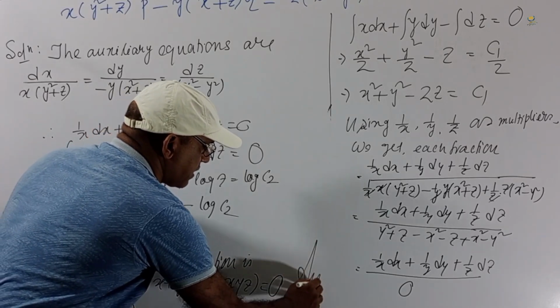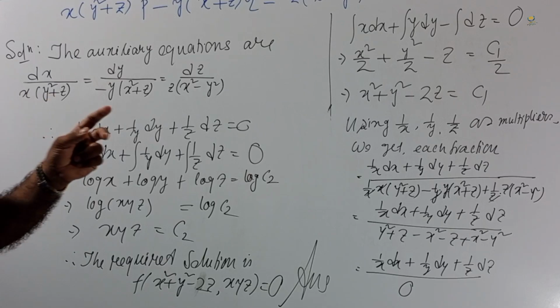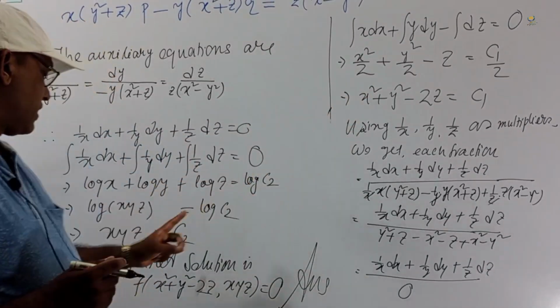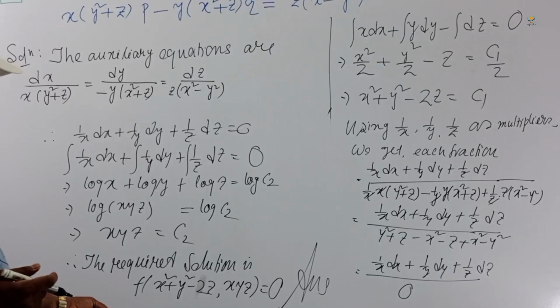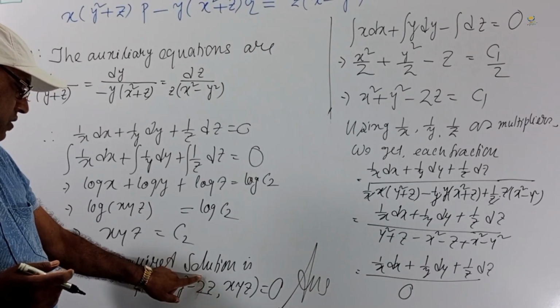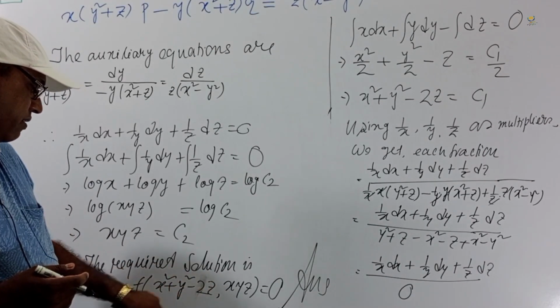This is our answer. Because we know u equal to c1, v equal to c2, then f of u comma v is our required solution. So this is the required solution of the given problem.